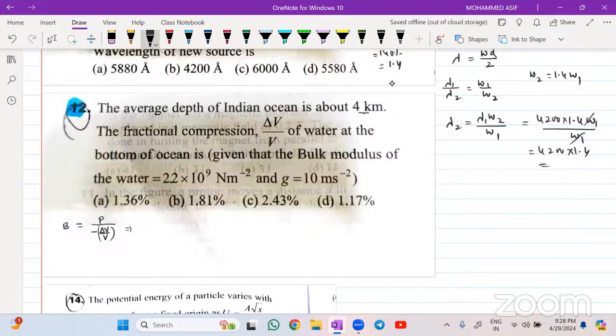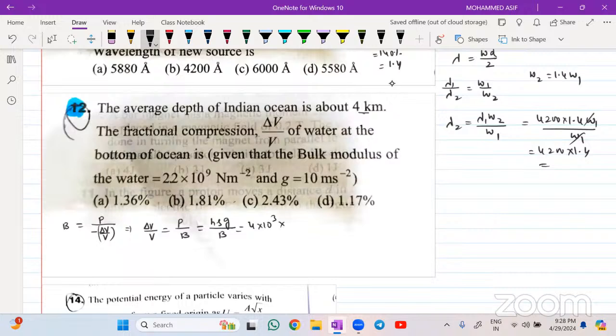Clear? So if he is asking for delta V divided by V, the fractional compression, delta V divided by V will be equal to how much? Pressure divided by bulk modulus. Pressure is equal to h rho g, divided by bulk modulus. The depth of the ocean water is given as 4 kilometers, so be a little careful about that. 4 kilometers means 4 into 10 to the power of 3.